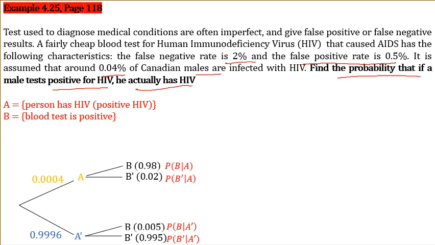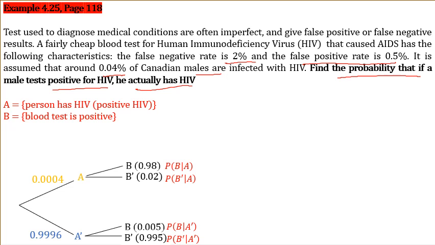Okay, so we draw the tree diagram first. A is the person has HIV and B is the blood test is positive. For A, the person has HIV, 0.04% of Canadian males are infected.